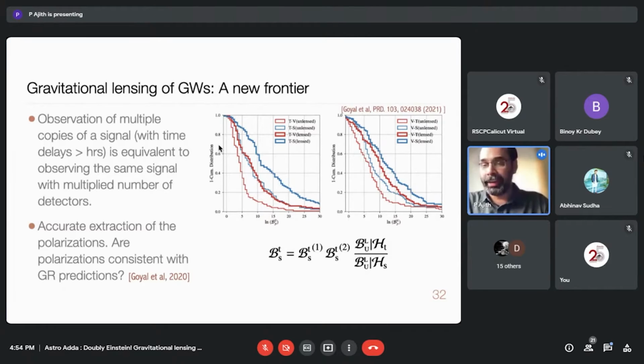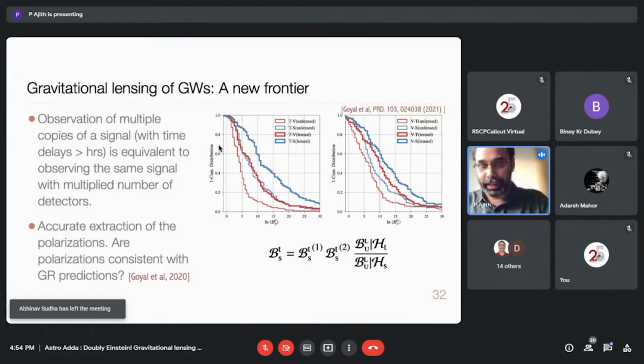Any single detector would measure a linear combination of these polarization modes. So this means that if you want to extract the two different polarization modes, one needs to have two misaligned detectors, which would measure two different linear combinations of these polarizations, and one could solve for this in principle. In practice, it is much harder.